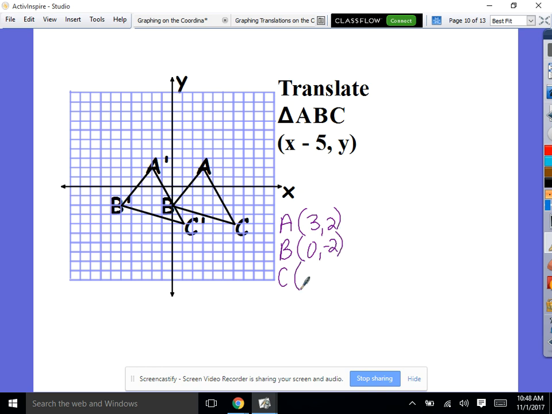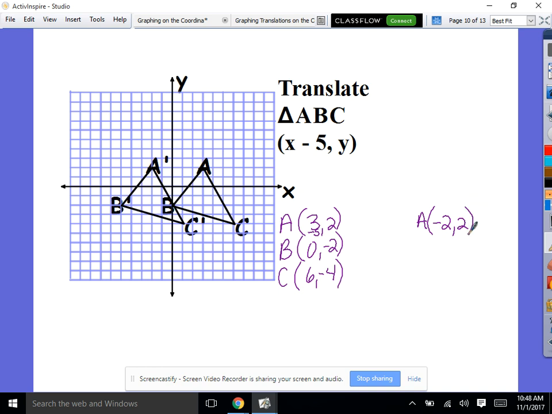And C is positive 6, negative 4. And we're using the rule x minus 5, y. So let's use the rule. 3 minus 5 is negative 2. And the fact that it just says y means we're not adding or subtracting, so y stays the same.